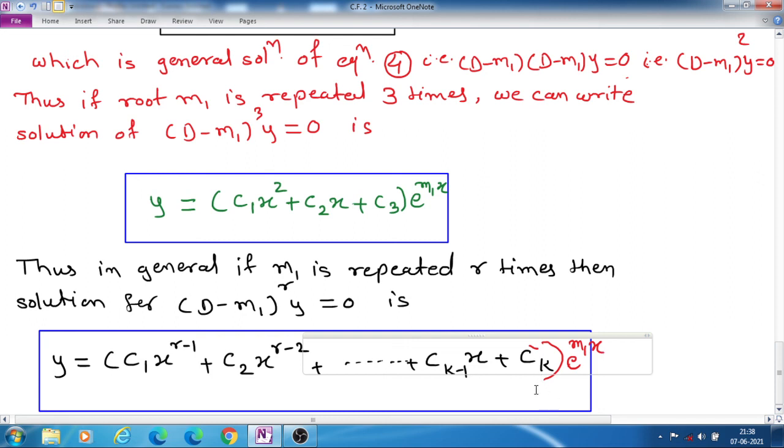Here it is not k minus 1 but r minus 1, and this is c, not ck, but cr.